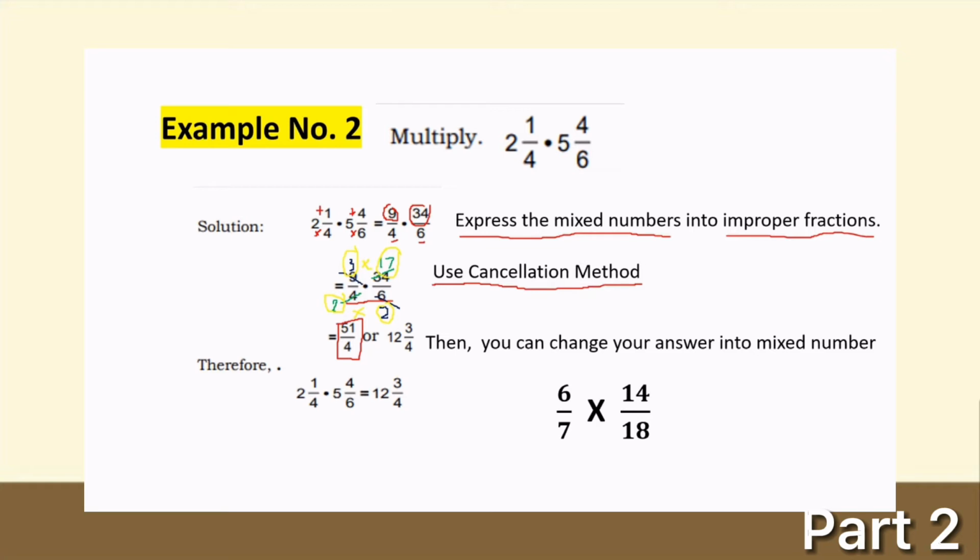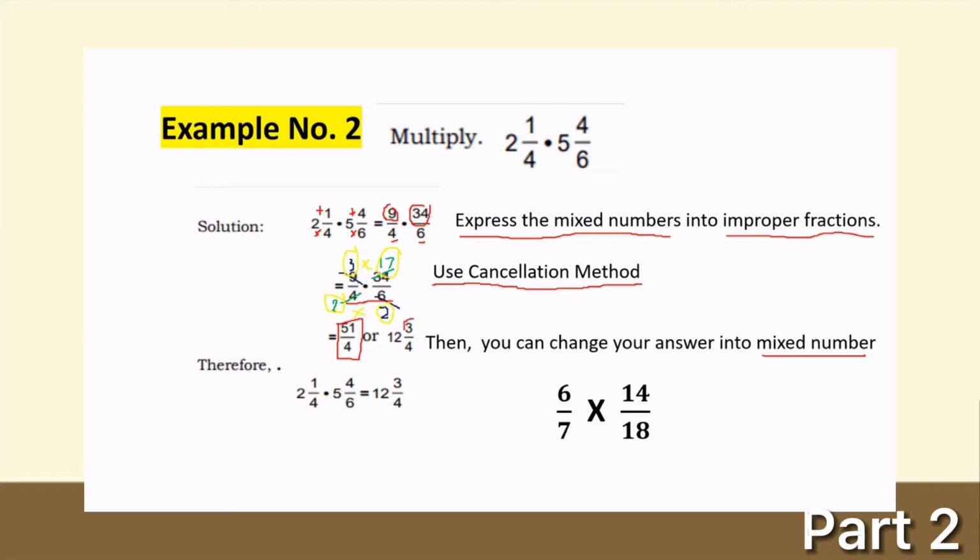So, pwede mo siyang i-change sa mixed number. Paano? You're going to divide the numerator by the denominator. So, kapag dinivide mo yung 51 sa 4, ilang ba? 4 meron sa 51. So, 12. So, 12 times 4, 48. Ilan ang sobra? 51 minus 48, 3.